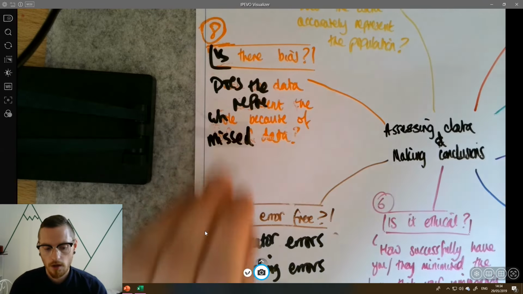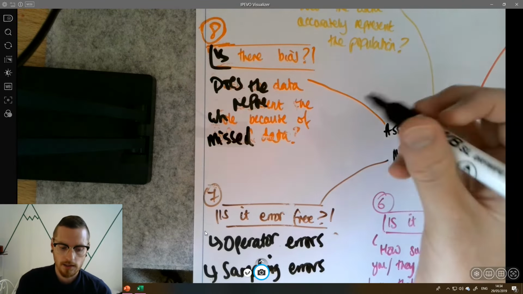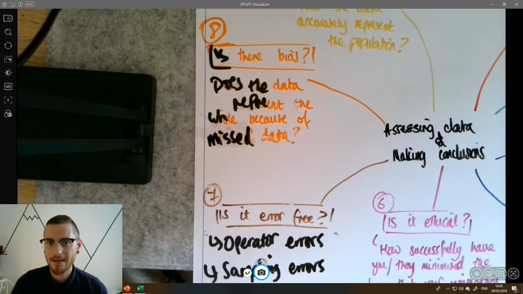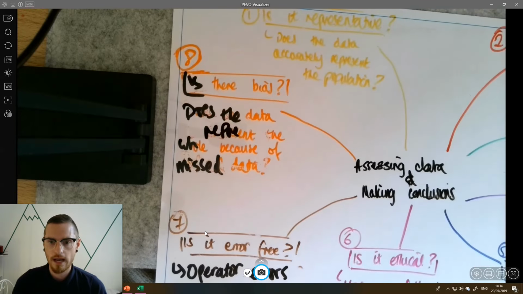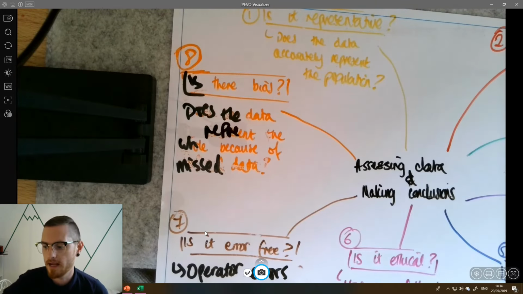If there isn't any bias, it means that the data collected, or the evaluations and conclusions, represent everything. But if choices made result in there being missed data, or conclusions or evaluations formed that have missed potential ideas or data, then it's going to be biased. So we've got 8 ways to think more critically about assessing data and making conclusions.